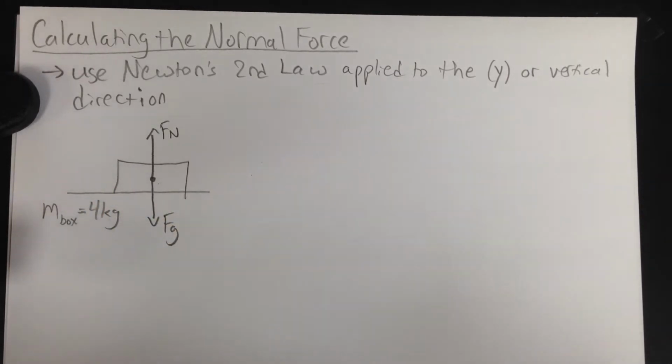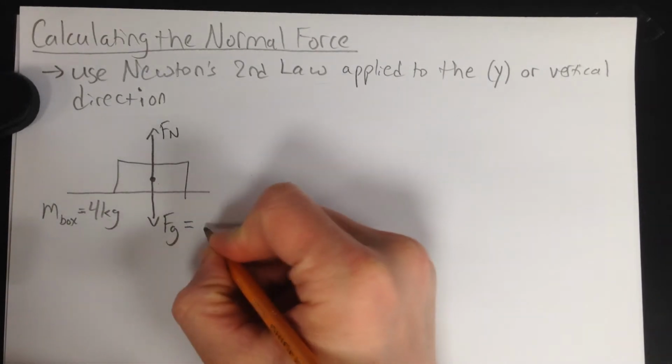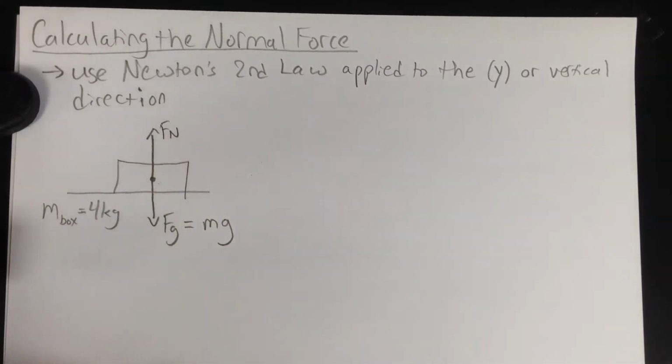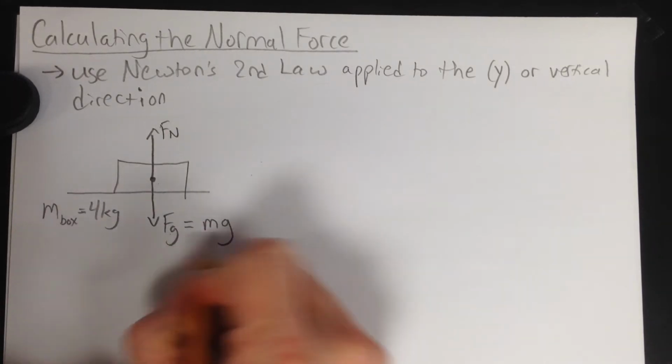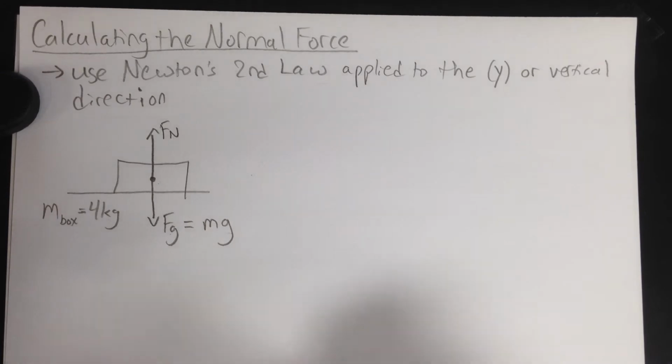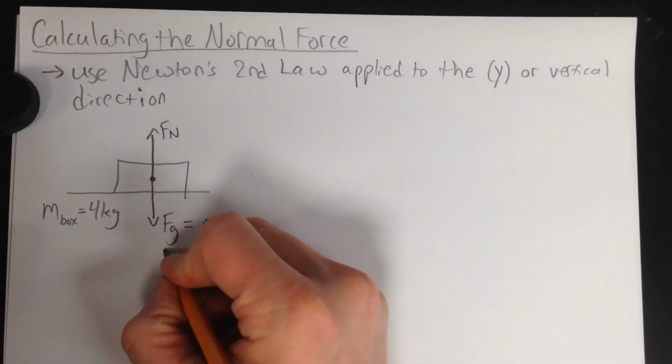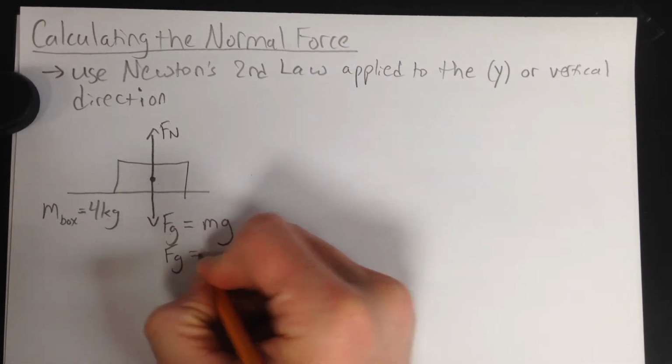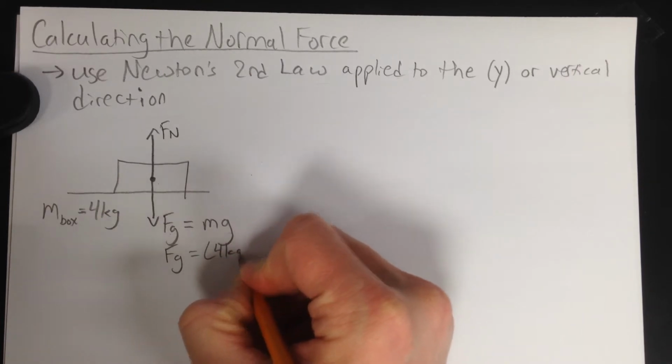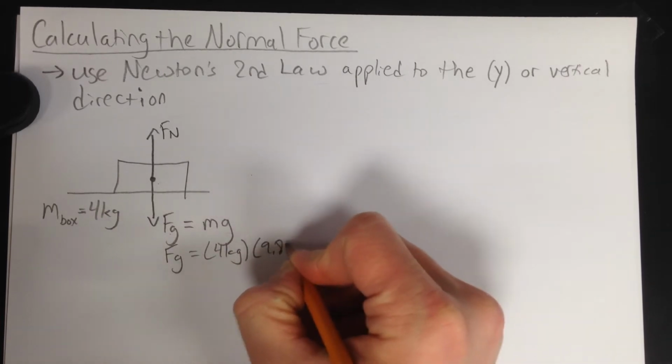There's no friction because it's not sliding, and friction isn't preventing it from being budged or anything like that. So let's calculate Fg. We know the formula for Fg, and we're going to have to calculate Fg first before we get the normal force, all the time. Fg equals the mass of the box times g, and we're on Earth.